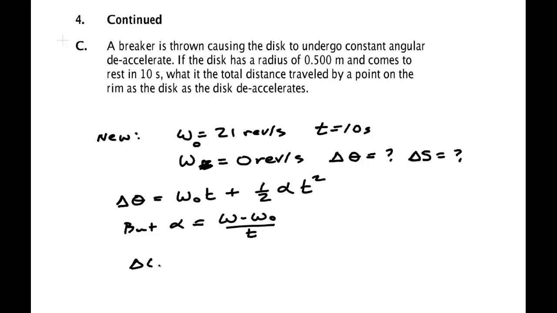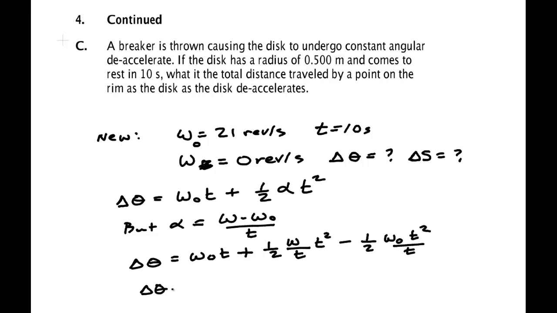So delta theta is omega naught t plus 1/2 omega t over t squared minus 1/2 omega naught t squared over t.